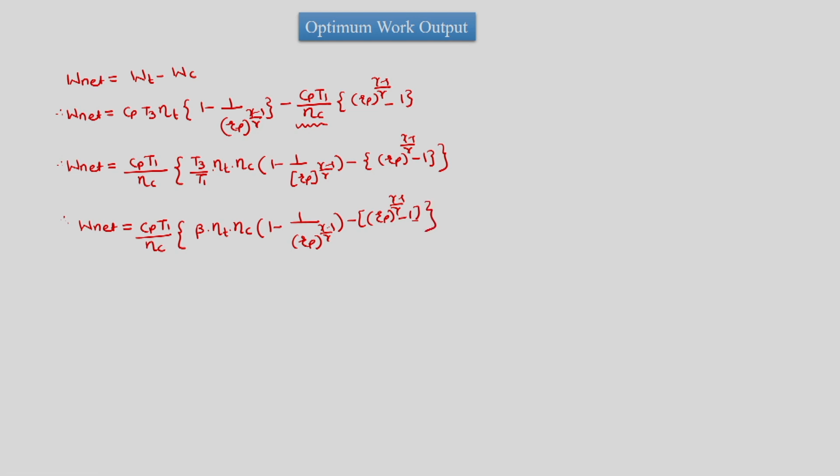So here we can find W net, which is the total work, based upon the known eta t, eta c, beta, Cp T1, Rp and gamma, which are the known parameters. Here as well, we can state that eta c, eta t, beta, gamma, Cp, T1 are all constants and fixed.